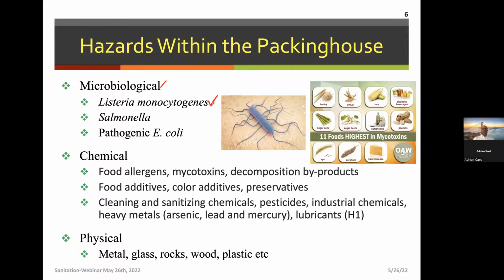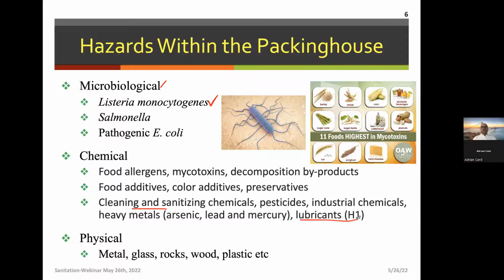Then when we're thinking about chemicals, in most cases we might not have allergens, but the addition of chemical sanitizers and the addition of lubricants tend to be some of the most significant interfering aspects when we're doing a proper environmental assessment, and they interfere either in ATP analysis or in our own microbiological analysis.